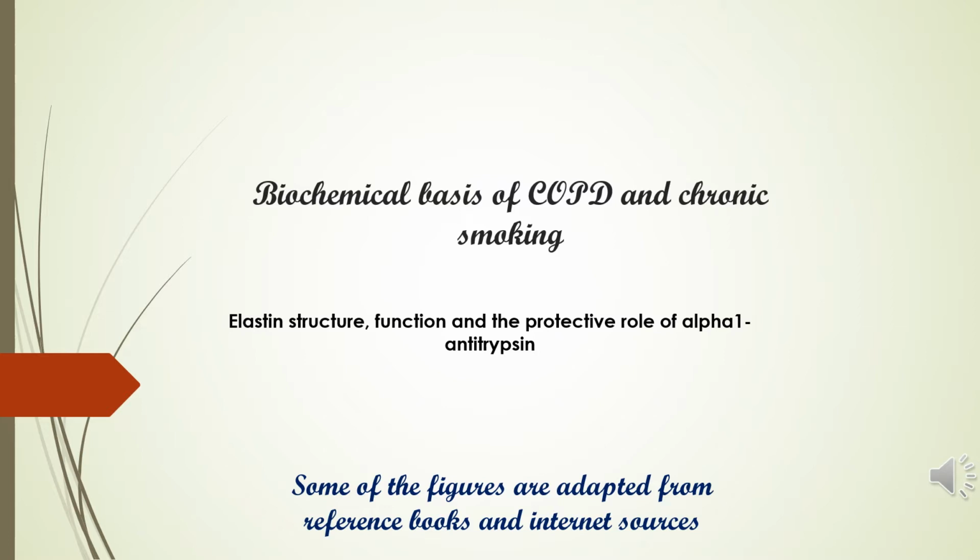What is alpha-1-antitrypsin? What is the effect of smoking and what is the mechanism by which it acts? So we will start with elastin structure, function, and the protective role of alpha-1-antitrypsin in counteracting the protease activity.